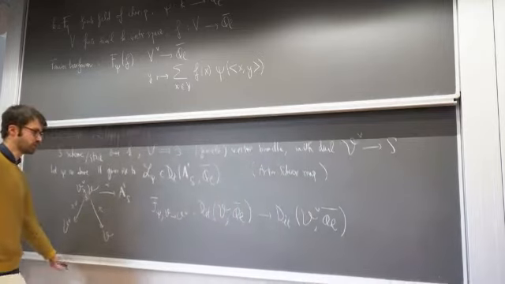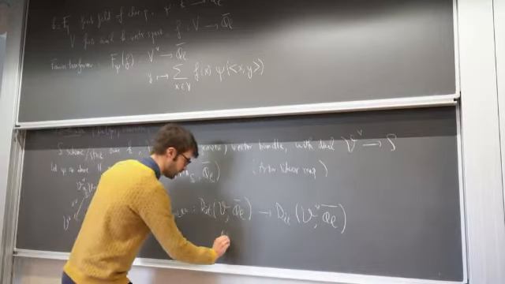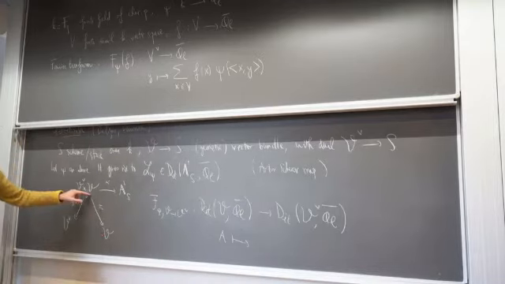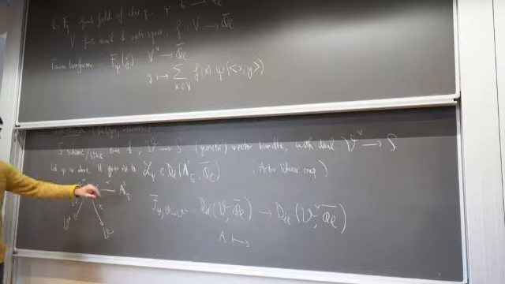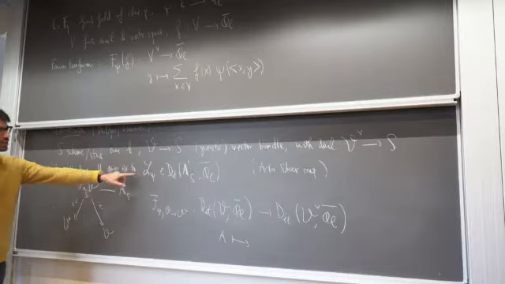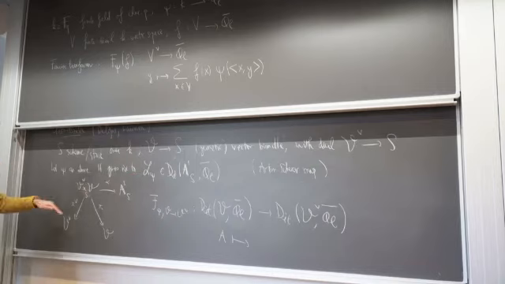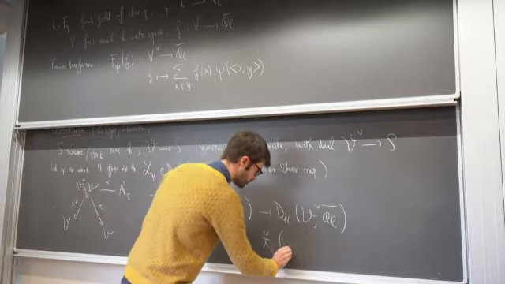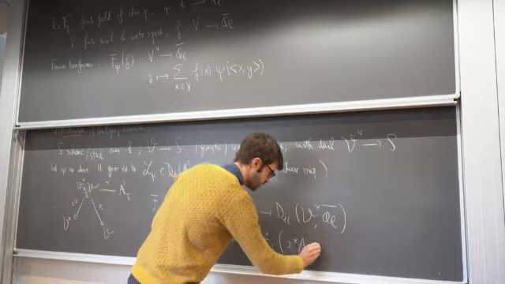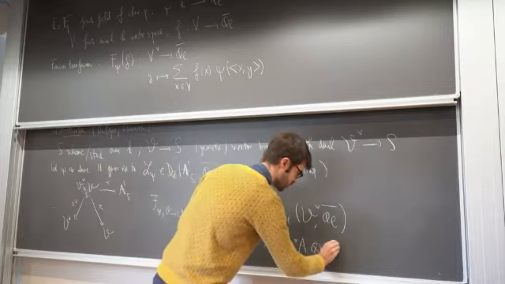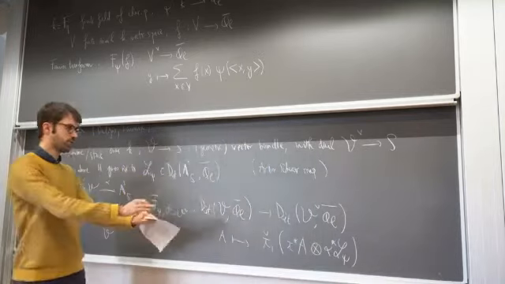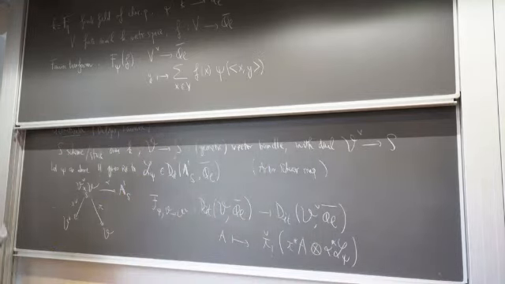What you do is that if you have an object here, living over V, you pull it back along the morphism pi and tensor it by the pullback of this Artin-Schreier sheaf on the affine line, and then you push forward along pi dual. First pullback along pi, tensor with the pullback of the Artin-Schreier sheaf, and then push forward. All the functors are understood to be derived.